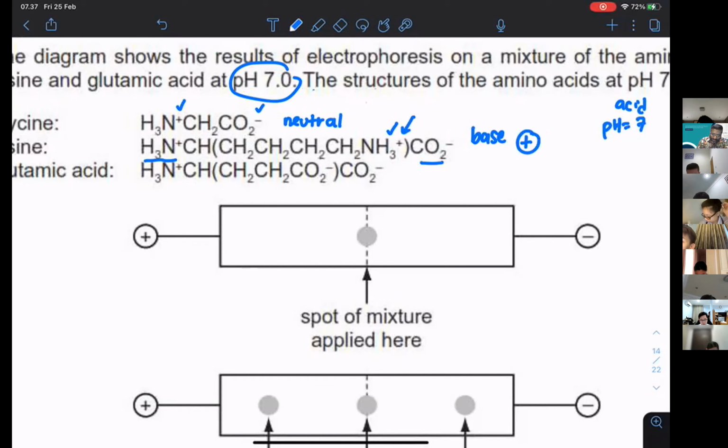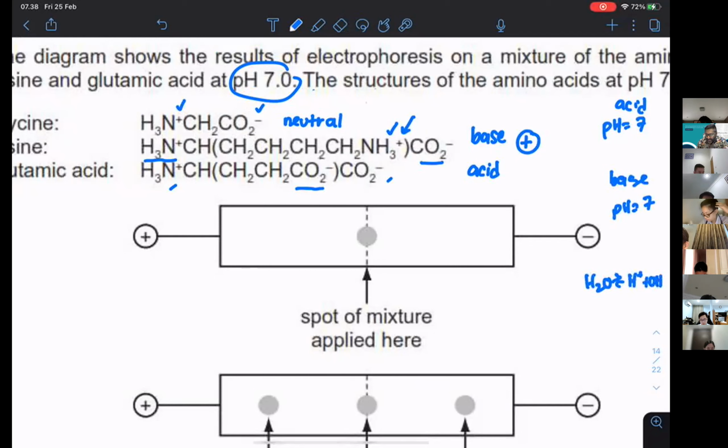And then if you look over here, this one contains COOH in the R group, a zwitterion. So this is going to behave as an acid. So you can use either the base buffer or pH 7, still the same, because water will give you OH- also.